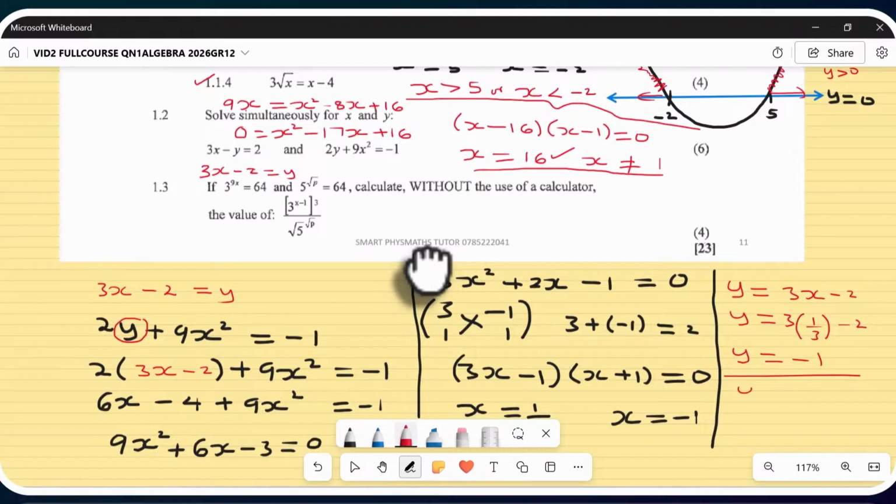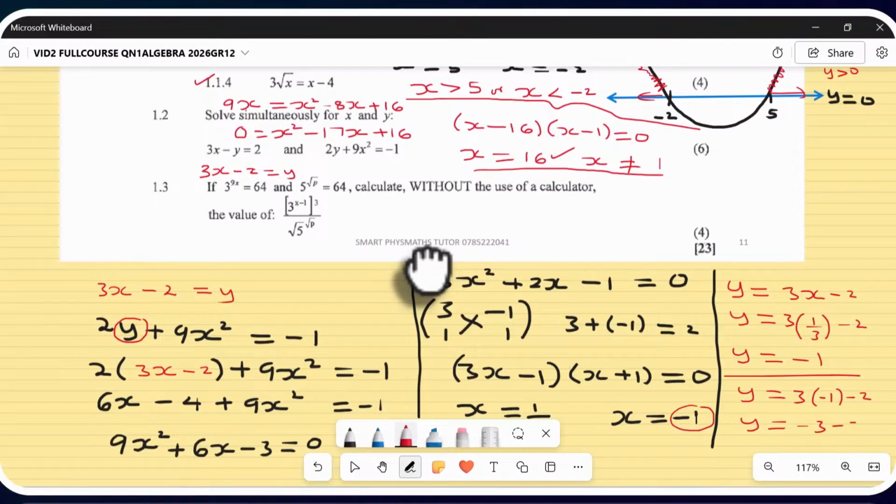And then this other question now, 1.3, is what we are doing now. So this question, as we do it guys, like I said in the introduction video, this is a game changer where we apply the algebra.